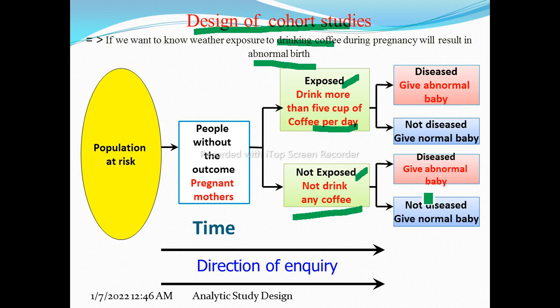Diseased gives an abnormal baby, not diseased gives a normal baby. How many of those who are not exposed give birth to an abnormal baby, and how many give birth to a normal baby? So these outcomes are compared. This is an important concept for cohort study.